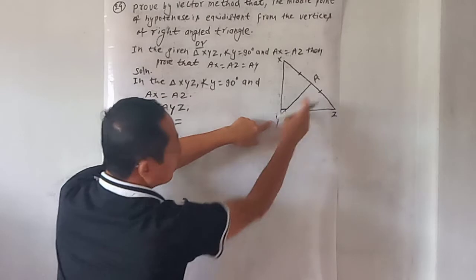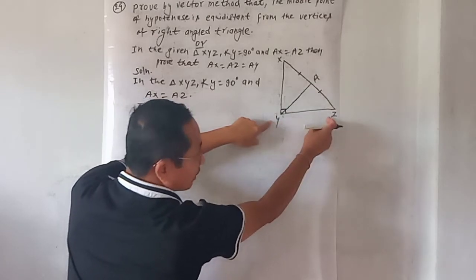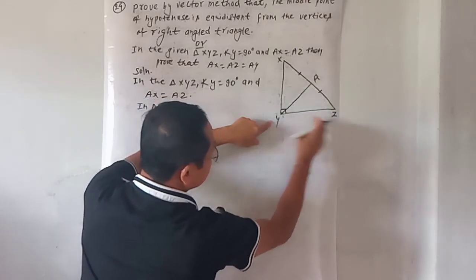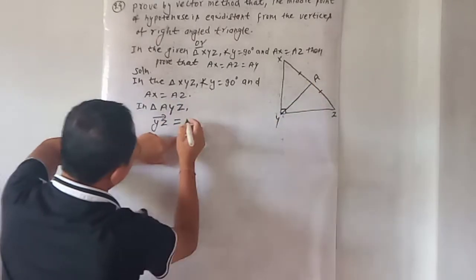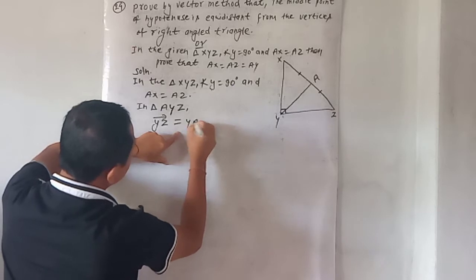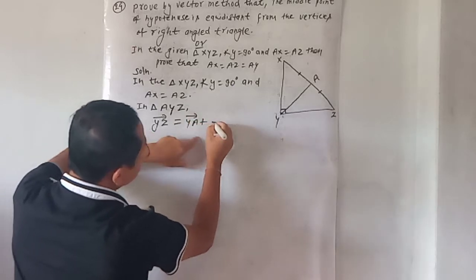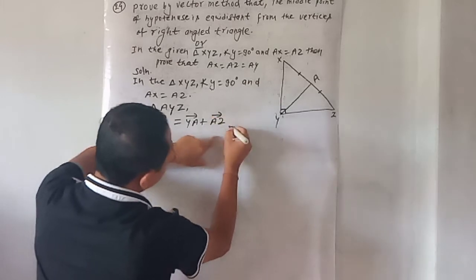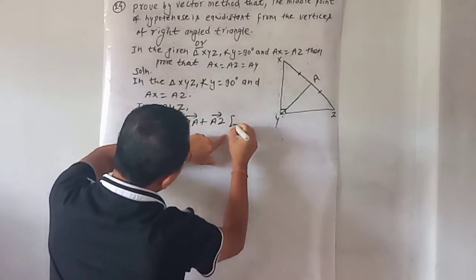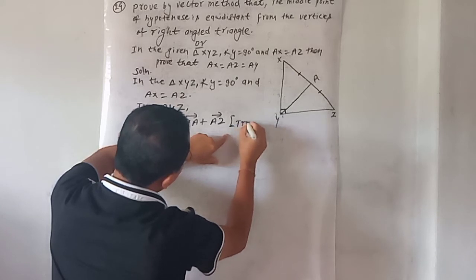AYZ is a triangle. Vector YZ is equal to vector YA plus vector AZ. This is the triangular law of vector addition.